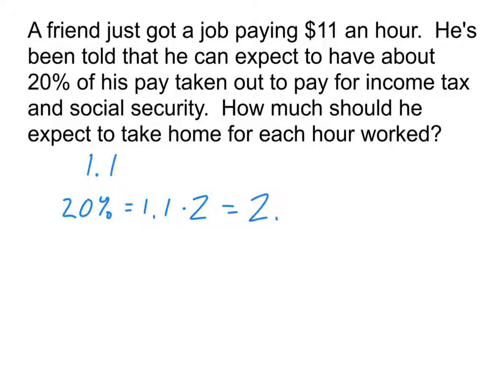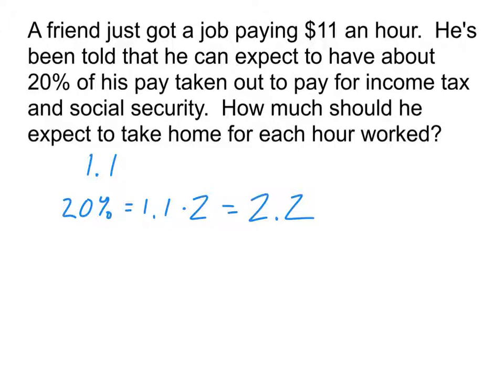So that means 2.2. So in other words, when you're working and getting, say, $11 an hour, $2.20 of that is going to the government to pay for roads, to pay for Social Security when you're older, which is a nice safety net, some things like that.